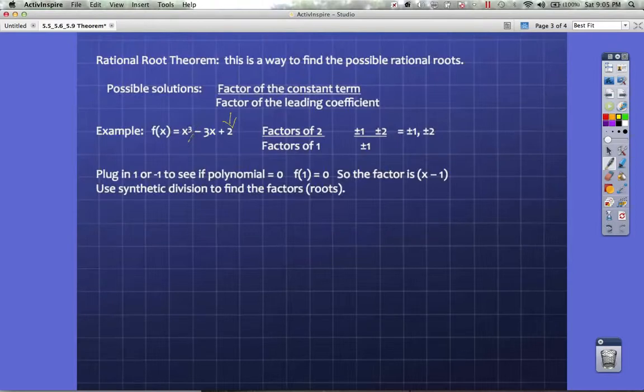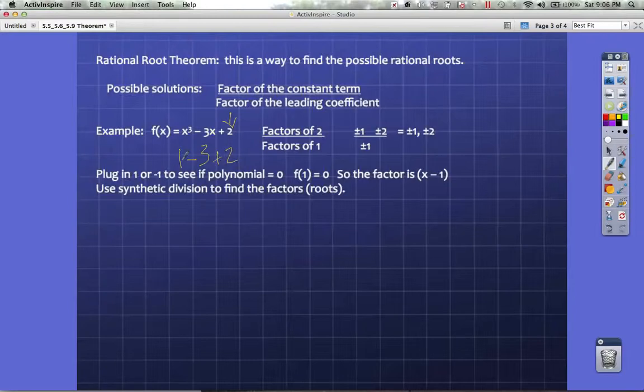All right, so then we're going to try one of these to see if we can get the polynomial to equal 0. If we try plugging in 1, it will become 1 cubed, which is 1, minus 3 times 1, which is negative 3, plus 2.